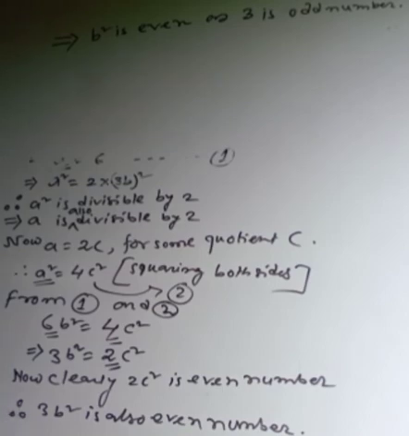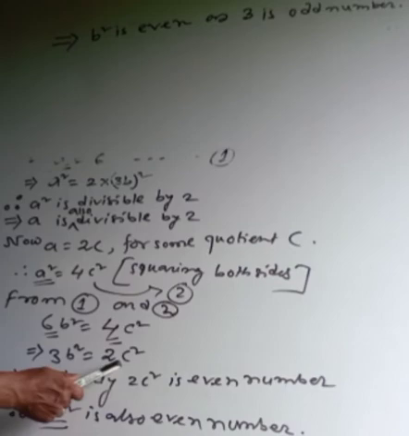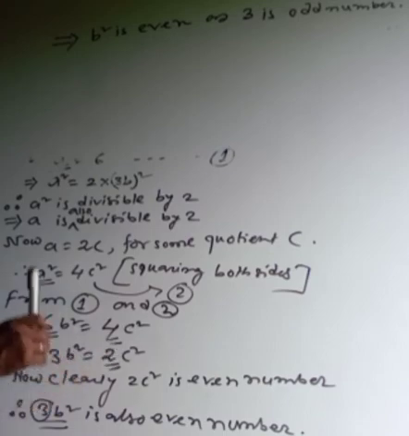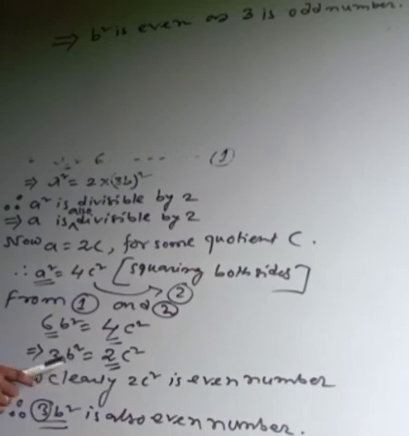Since 3 is an odd number, b square should be even, otherwise 2c square cannot be an even number. From 2c square being an even number, we can understand because there is 2. So 3b square will also be even, but we know 3 is odd. So b square will be an even number.